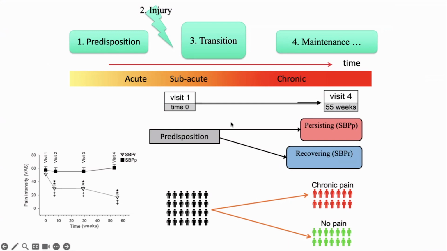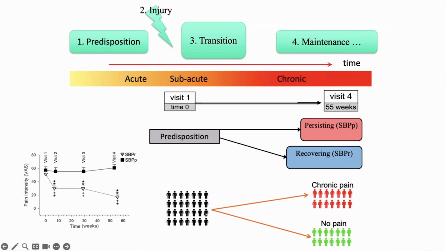Essentially, the concept here is that if I have brain properties at this time that can predict who one year later becomes chronic versus not, then these are risk factors. On the other hand, processes that are changing over time are adaptations that are happening.